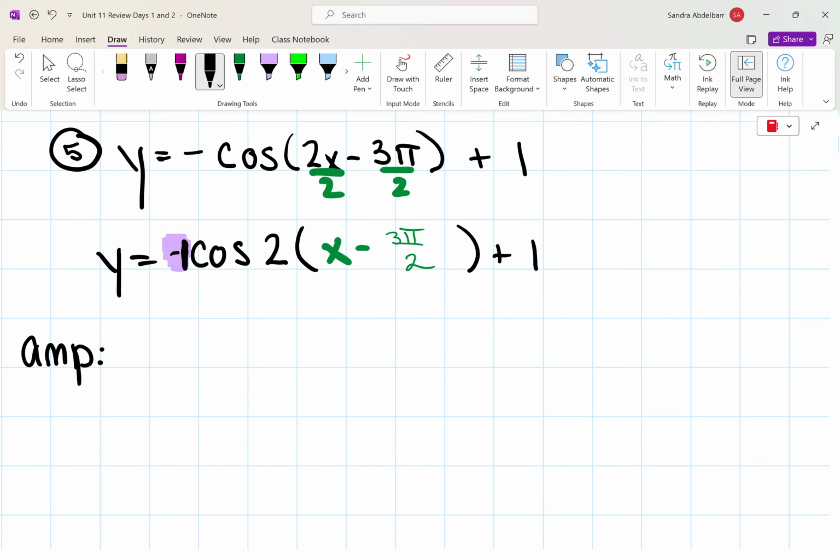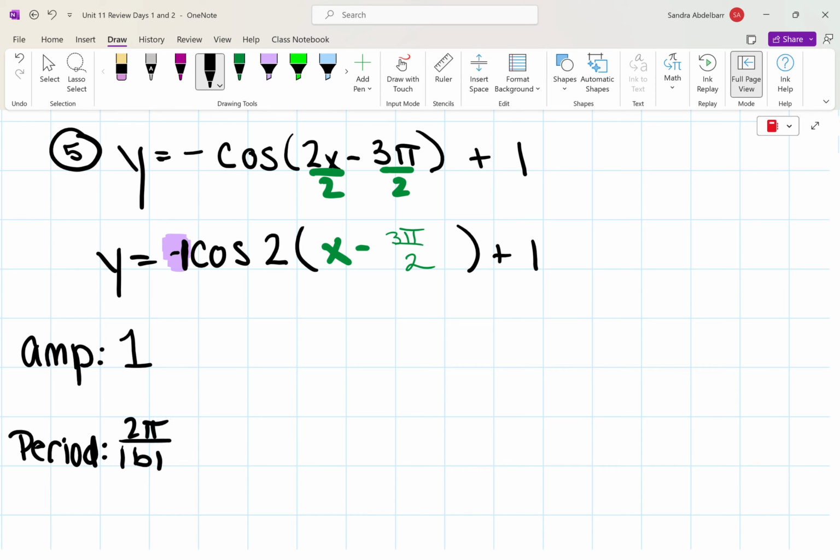Now, Tice, you asked about the period. You said, is it always going to be pi over 2 pi or pi over 2, whatever it is? No. So here you'll see that it's different. So our period is going to be 2 pi divided by the absolute value of b.